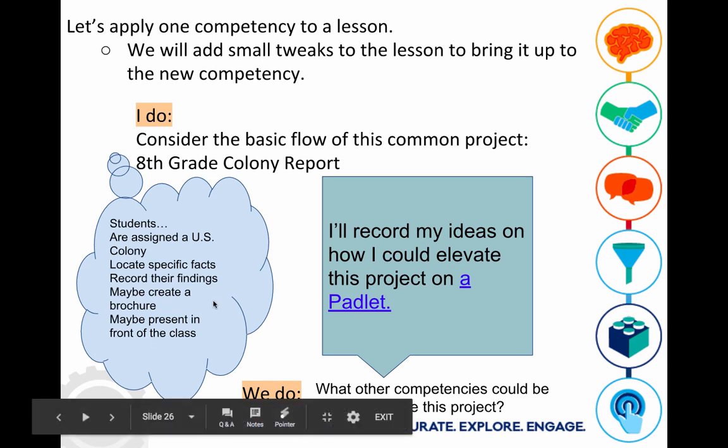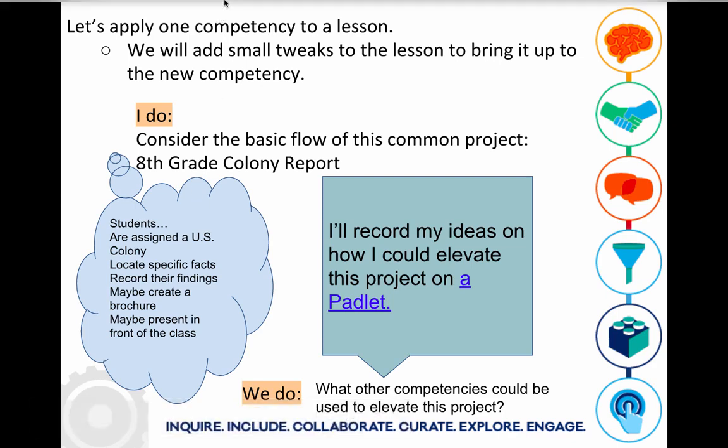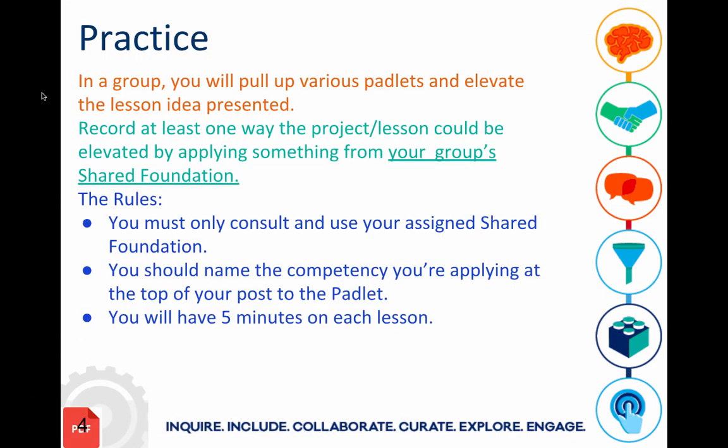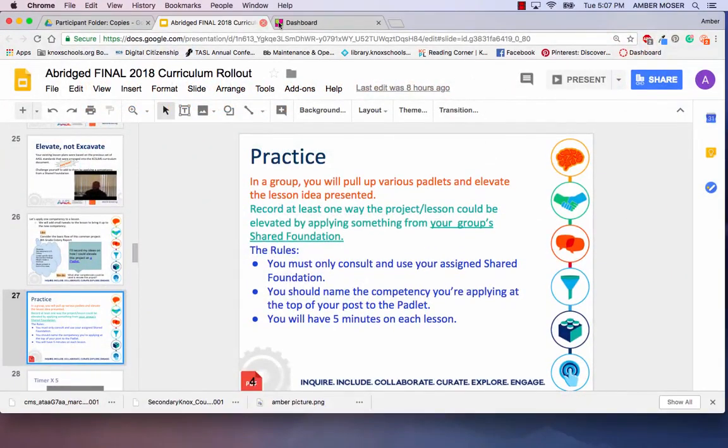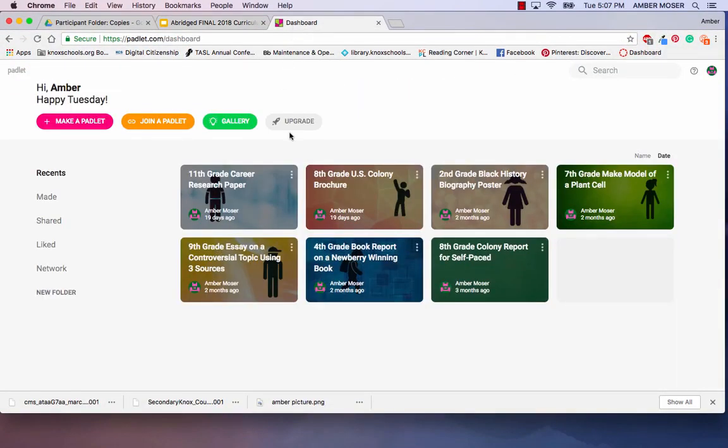Okay? If I were to elevate this lesson, if I were to add something to it to make it reflect one of the new standards, then I'm going to have to consult my standards document. So you'll want to get out either a digital copy or a print copy of your standards document as well.